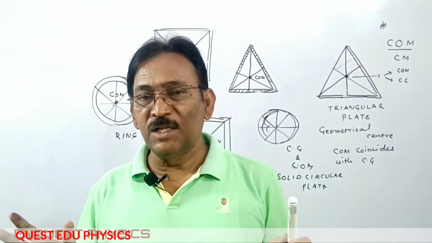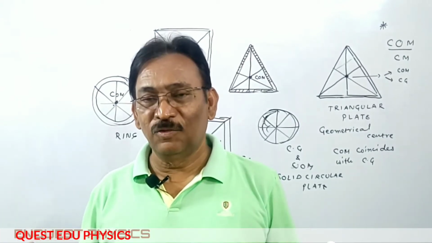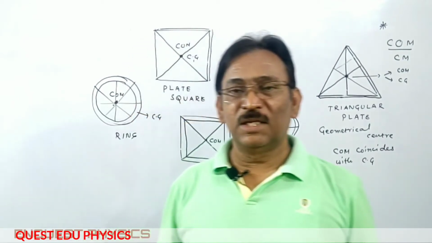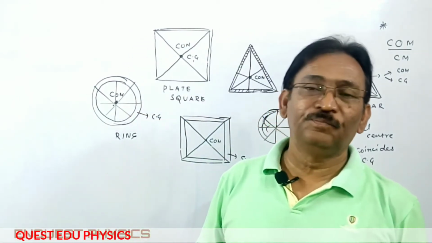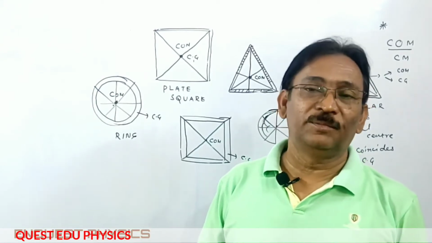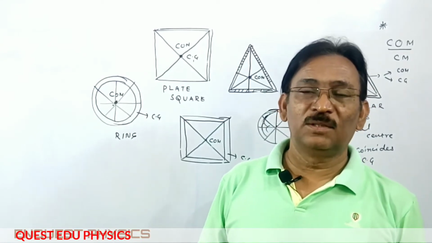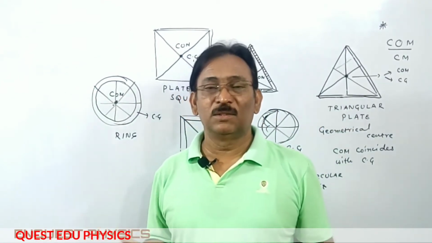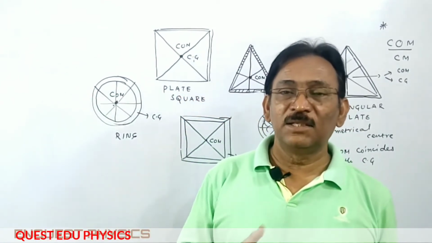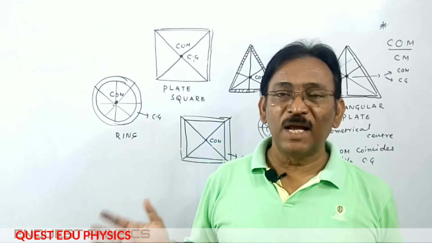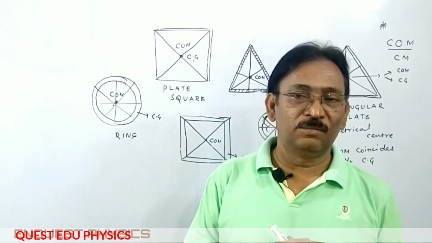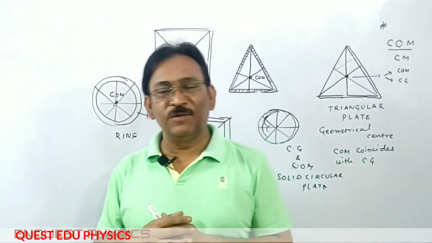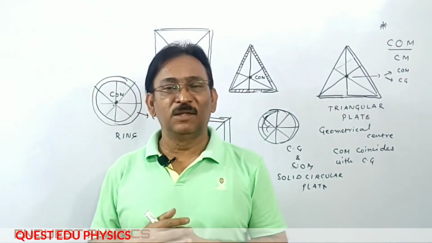The definition is telling us there is no need for the center of mass to be present in the mass only. And you have to remember one thing: when two bodies are taken as a system and the bodies have different masses, the center of mass always shifts towards the heavier mass.